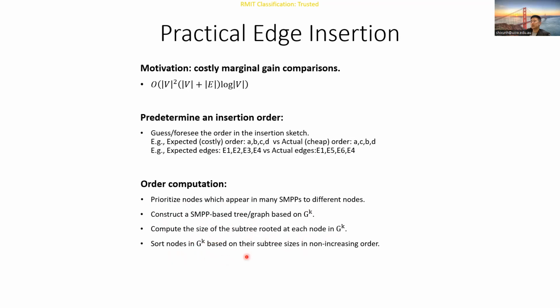And we sort those nodes based on their subtree size. So we think that a node which appears in many SMPP paths will have great influence. So this order should be pretty similar in theory to the one we computed with the costly greedy strategy, and the time complexity can be greatly reduced.